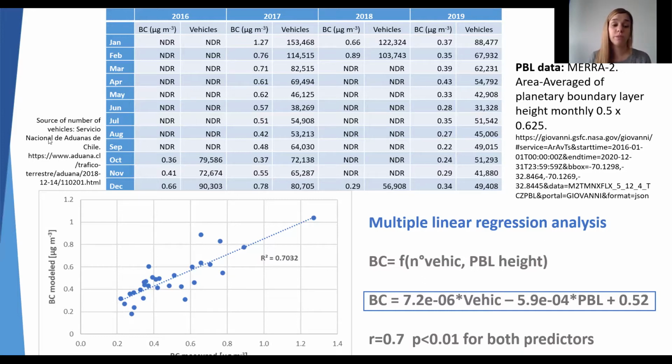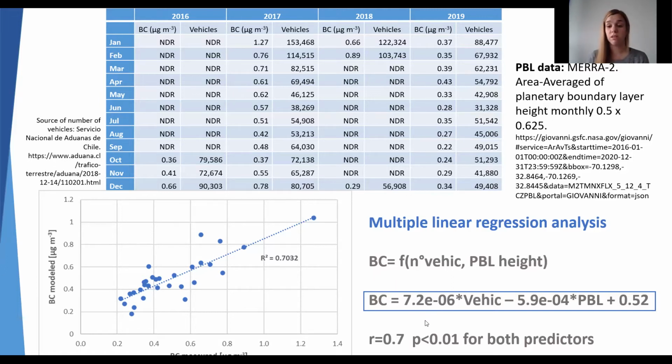Because the number of vehicles is on a monthly basis, we averaged all the variables on a monthly basis. And we found a very good fit of the model, with black carbon as a linear function of the number of vehicles and the PBL8. This is the equation that models this relation.